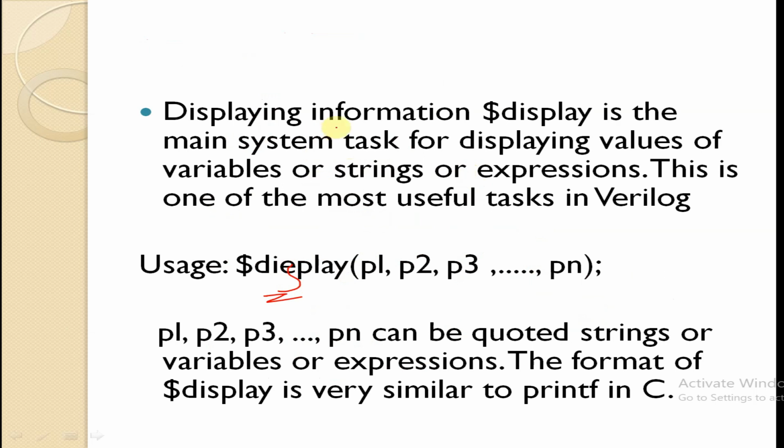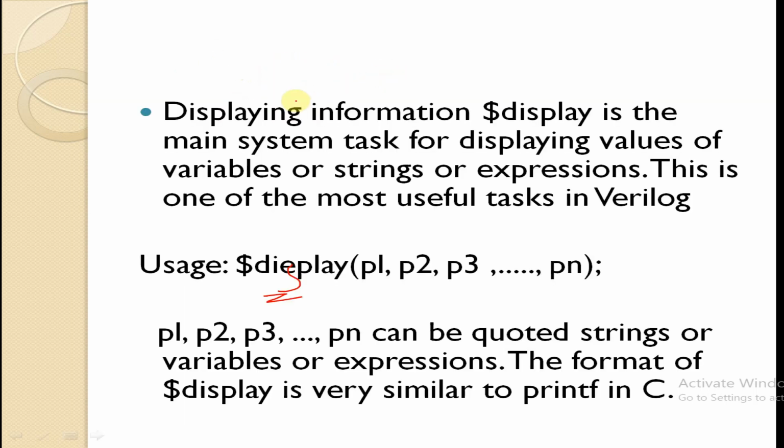Now let's discuss $display. $display is basically used for displaying information. It is the main system task for displaying values of variables, strings, or expressions. This is one of the most useful tasks in Verilog.